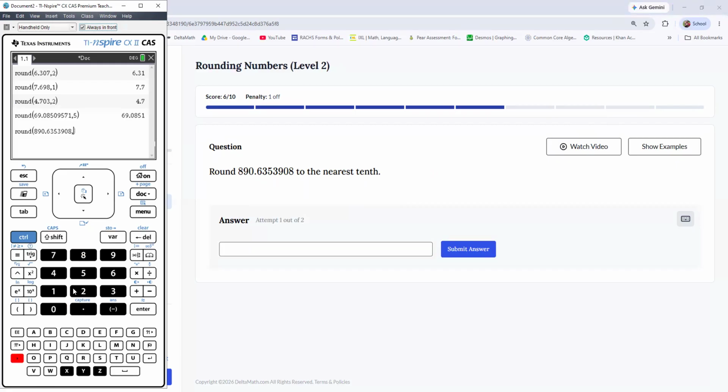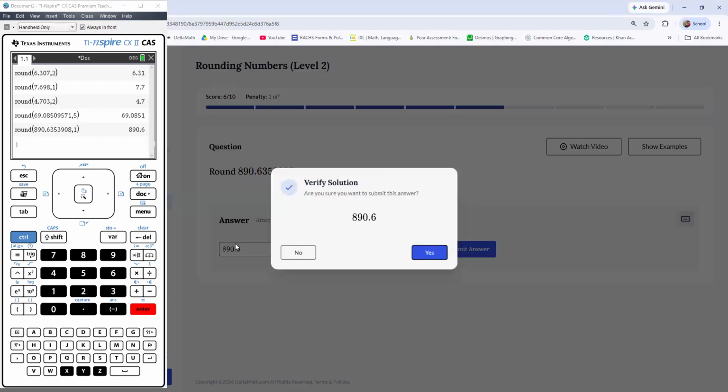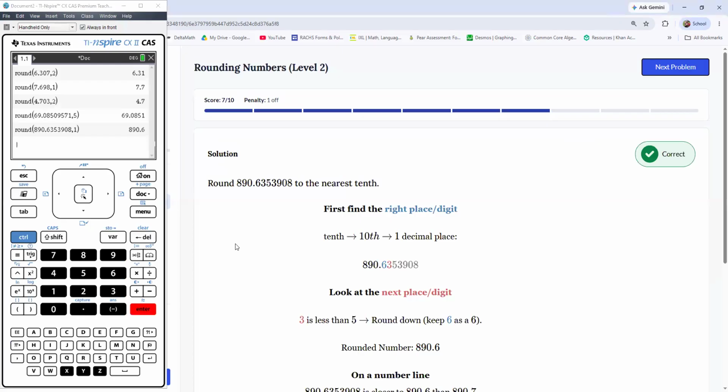And then I'm going to type in 1 because we're going to have 1 decimal place. So this will be 890.60. Is that what we got? Yeah, 60 cents. And it says, nice job.